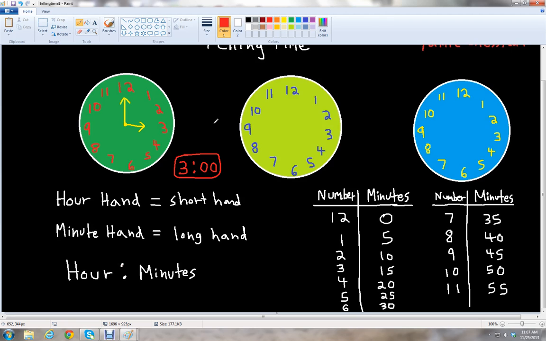Okay, so then let's look at an example here. I will draw the hour hand and the minute hand, and let's see if we can tell the time.